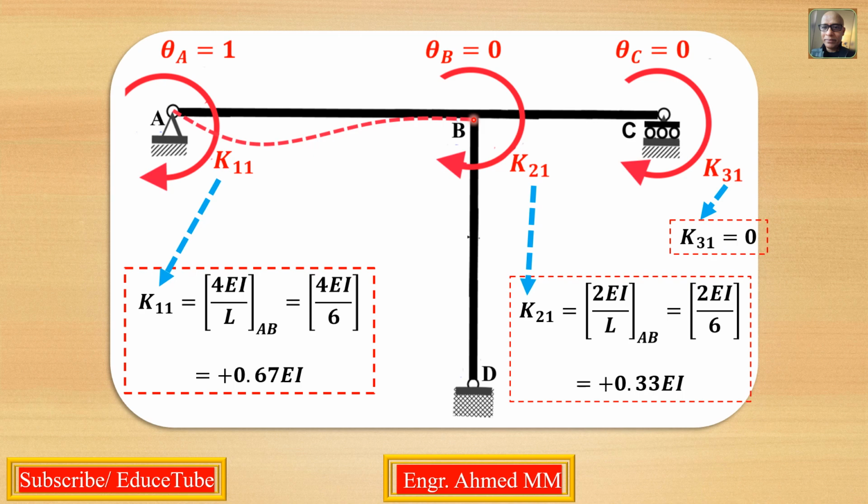That's what it is here. Again for this one, K31: unit rotation at 1, what is the impact on 3? That's why it is K31. So this way it is written.